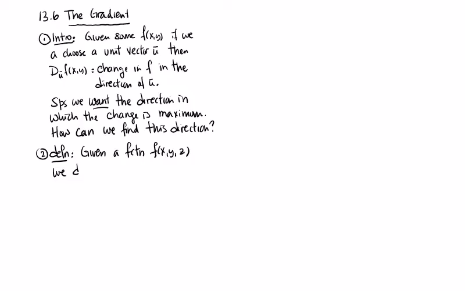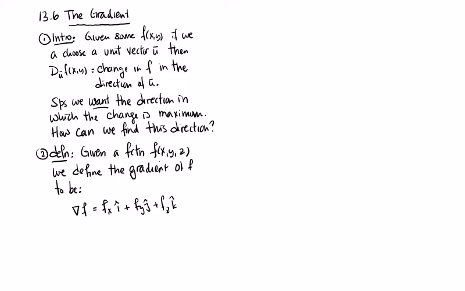Given a function f of x, y, z, we define the gradient of f. The notation for this is an upside down triangle. This has a name, I'll tell you in a second. And the definition is I take f sub x i plus f sub y j plus f sub z k.